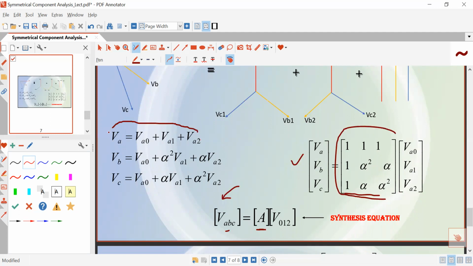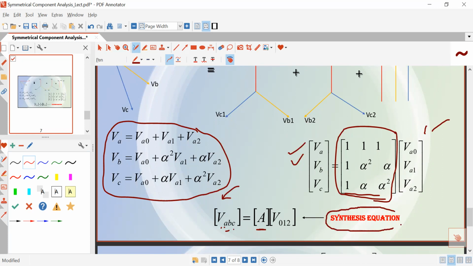When you write these three equations in matrix form, you get this type of equation. Here this matrix is the transformation matrix A, and V012 means VA0, VA1 and VA2. In this way, VA, VB, VC can be determined from the knowledge of VA0, VA1 and VA2. This equation is called the synthesis equation. It means that if sequence components are available for any phase, then you can determine the unbalanced phasors.